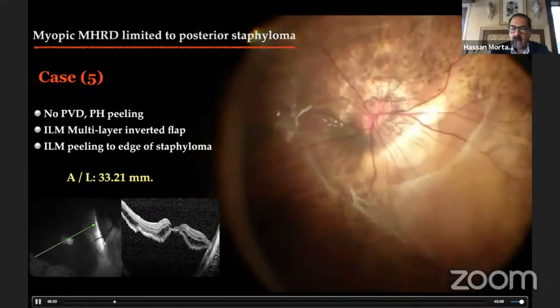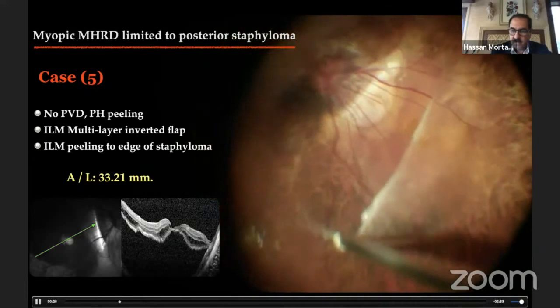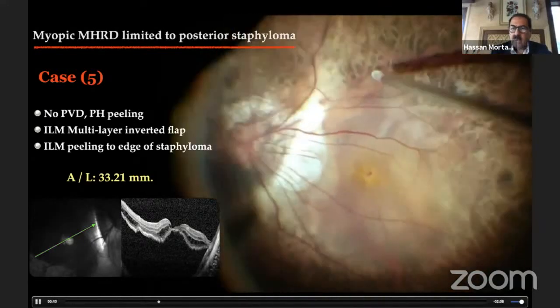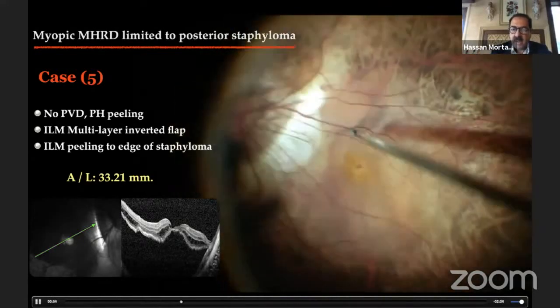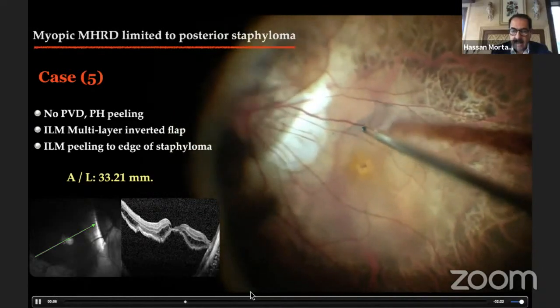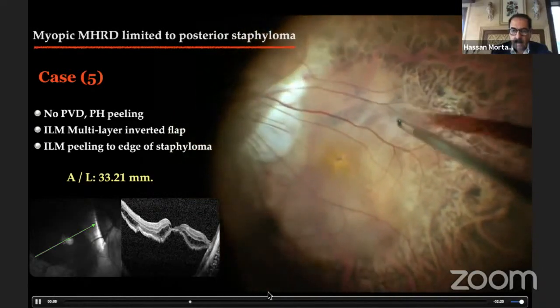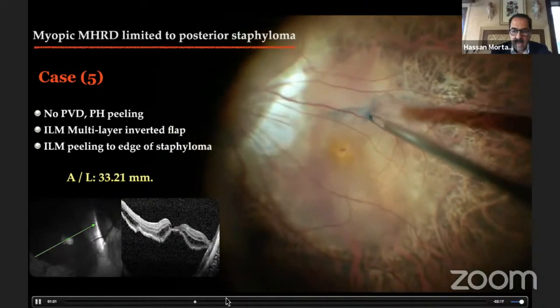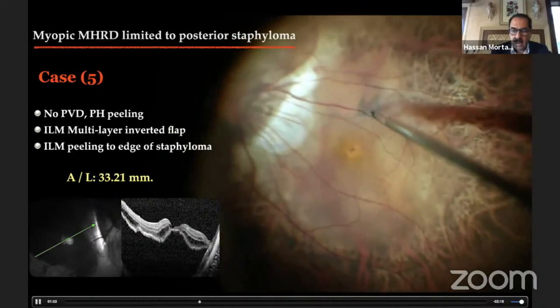The posterior hyaloid was peeled, and the internal limiting membrane was started to peel after creating a flap with the Tano scraper.